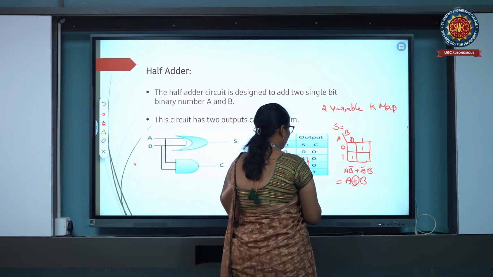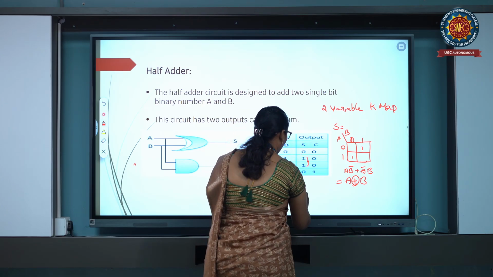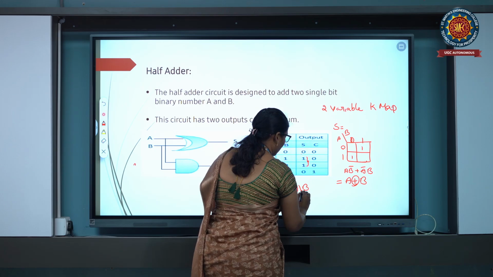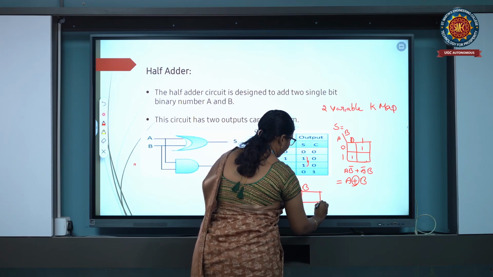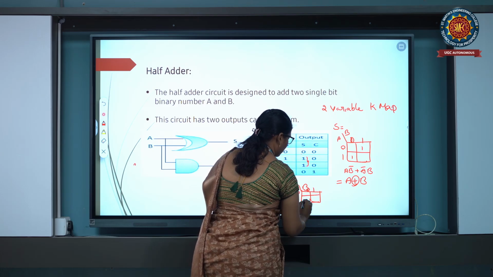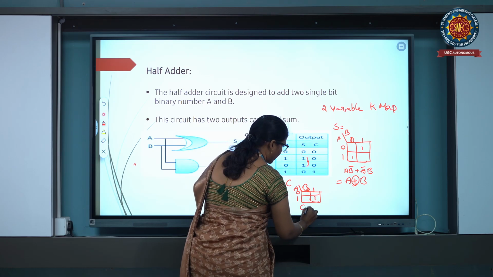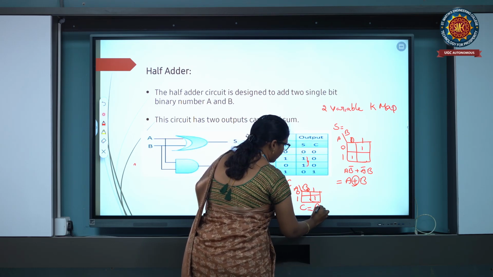If we consider the two variable K-map for the carry, it is high when the two inputs are high. Carry is generated when the two inputs are high. Simply we can write C is equal to AB.